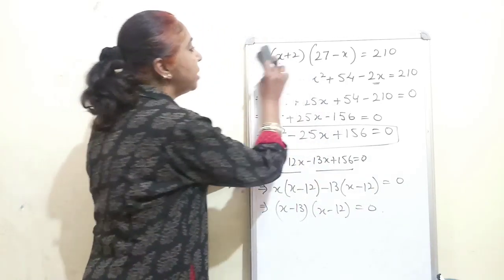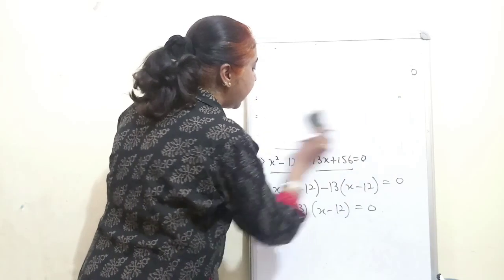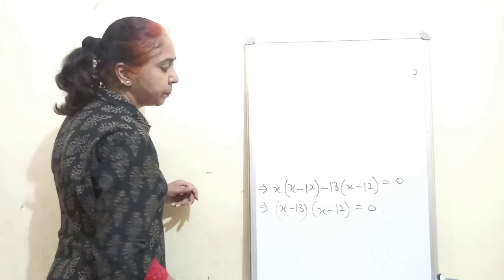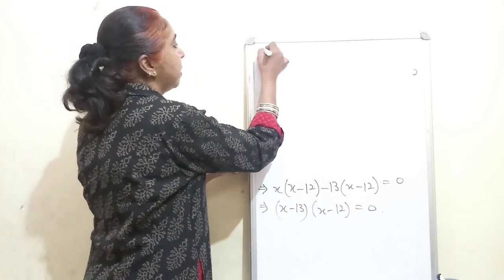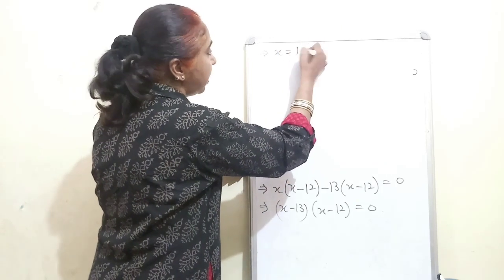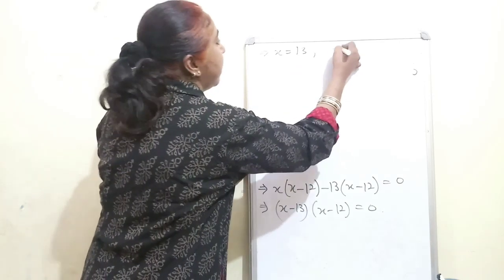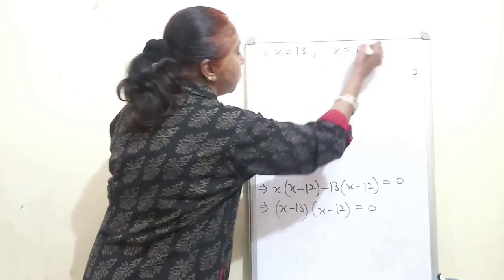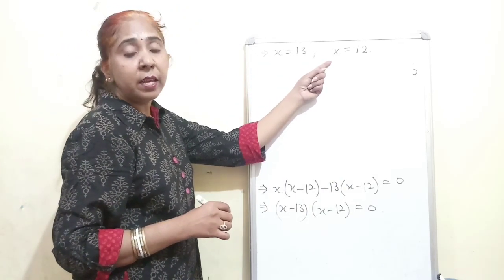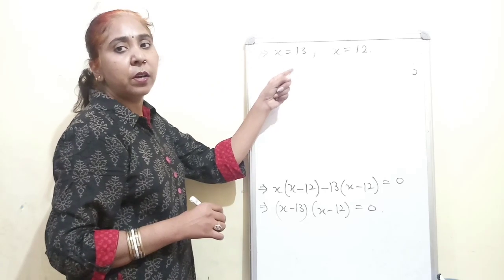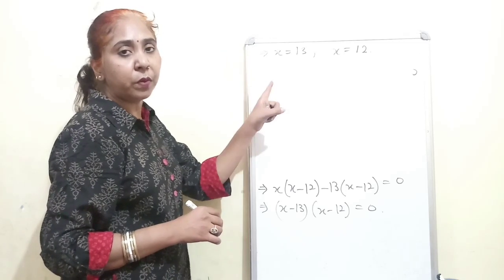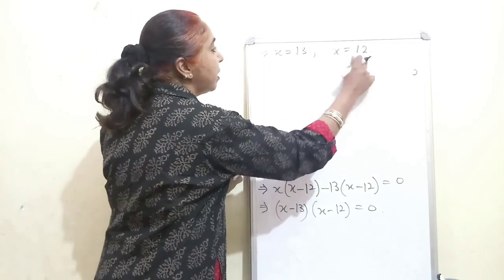Now after solving these factors, what values of x you will get from here? Tell me the values of x. Yes, from here you will get x equals 13, and from here you will get x equals 12. But these are the values of x, and we supposed x as the marks in maths. So the marks in English are still left to find out. So we have to make two cases here.